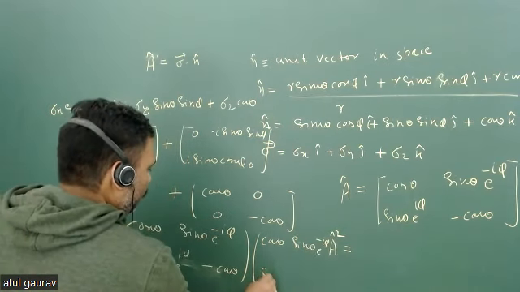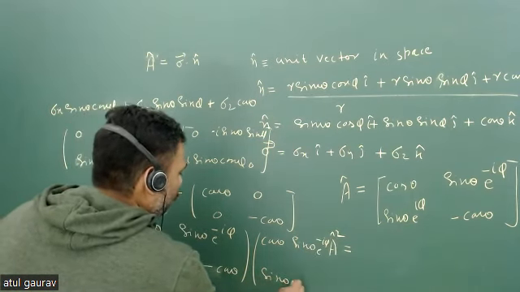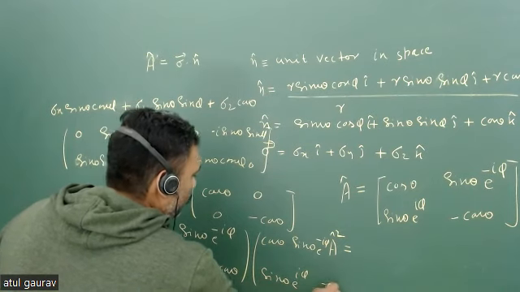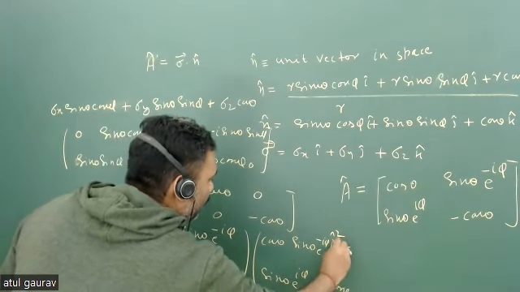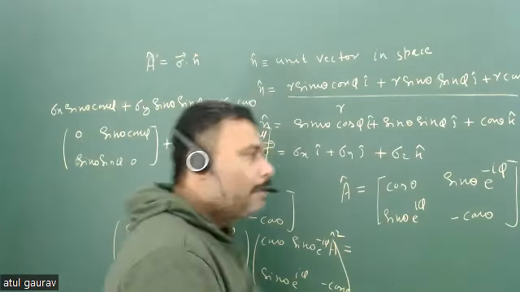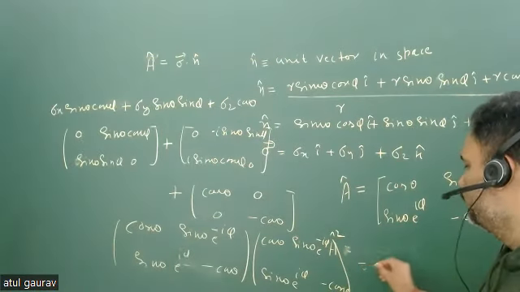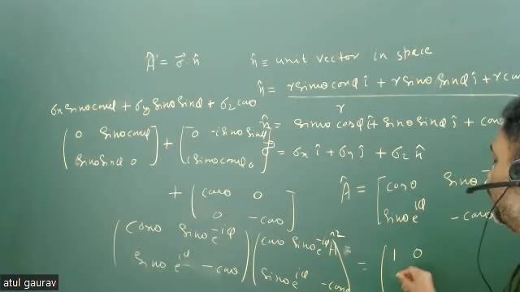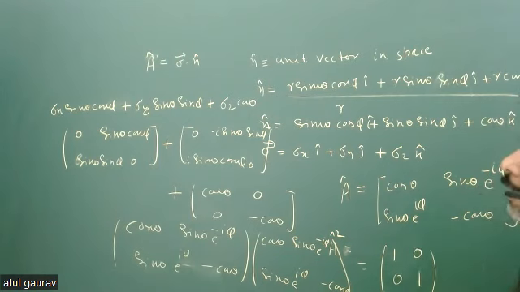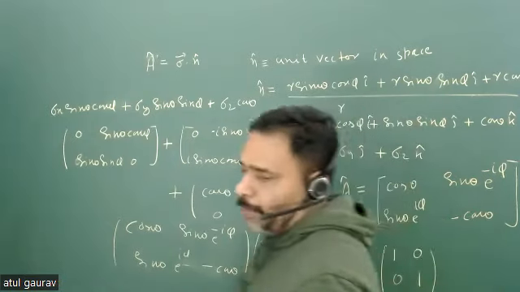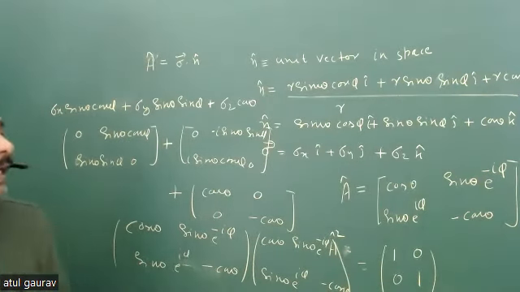What are you getting? Identity matrix. Very good. You will get the identity matrix. So if you have this particular property, then we can make a statement.